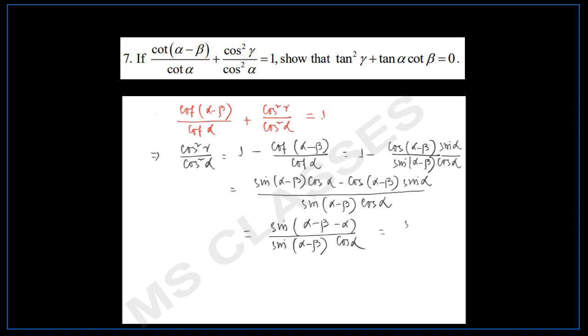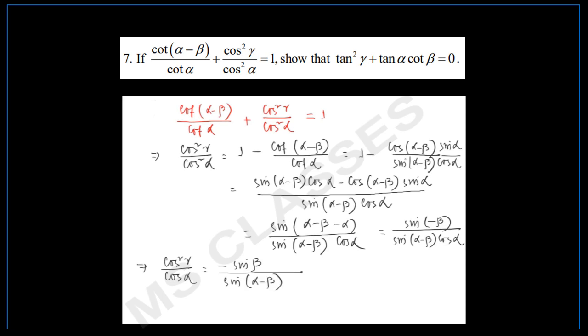This gives us sin(minus beta) by sin(alpha minus beta) into cos alpha. Now here cos alpha, here cos alpha cancel out. So what we get? We get cos square gamma by cos alpha. Now all of you know sin(minus beta) is what? Minus sin beta, whole divided by sin(alpha minus beta).